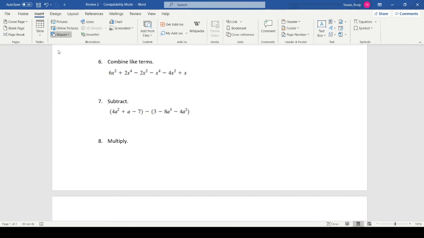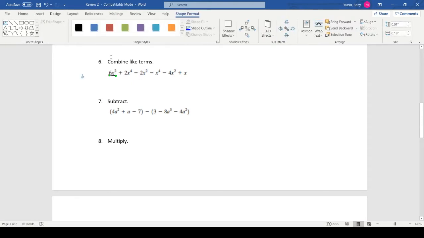Okay, so like terms here, we have 6x squared. So now let's find something else with x squared. So 6x squared. Now we have 2x squared. We have 4x squared, and that's it. So those are all the x squareds. Now let's look for other stuff. So we have 2x to the fourth.